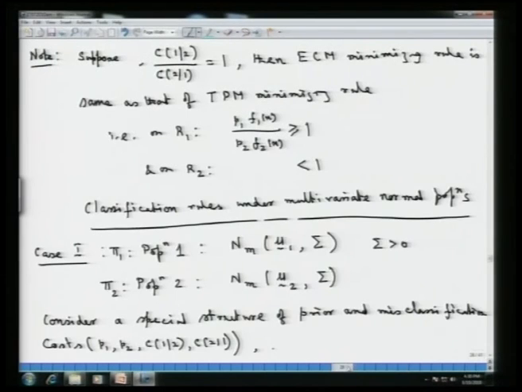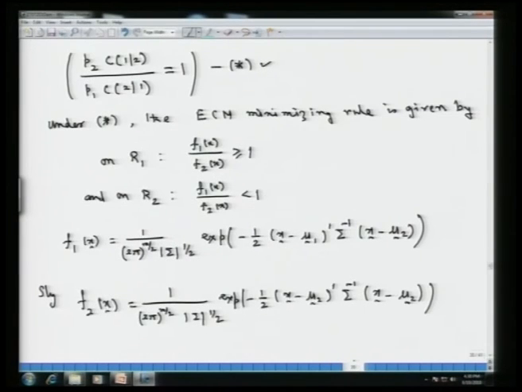So, in general, if we have that P1 C(2|1) divided by P2 C(1|2) is not equal to 1, then the previous derivation of the rule still holds, with a rider that this term here is going to get multiplied by this particular ratio.